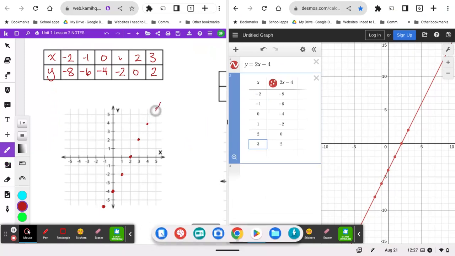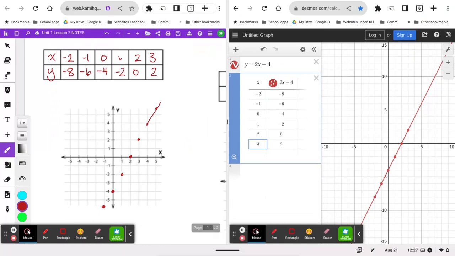Then we connect it and get a straight line. That was not straight, sorry. We want our graph to be as big as our x and y axis.